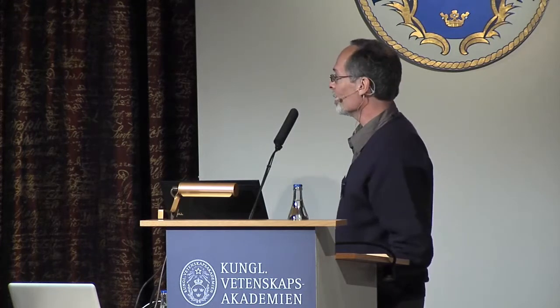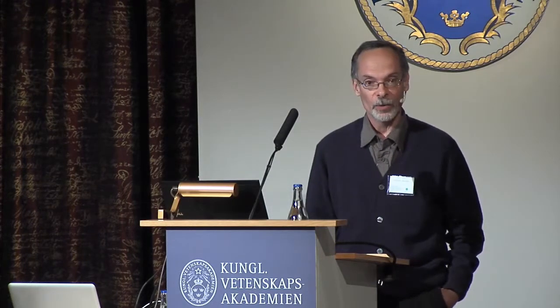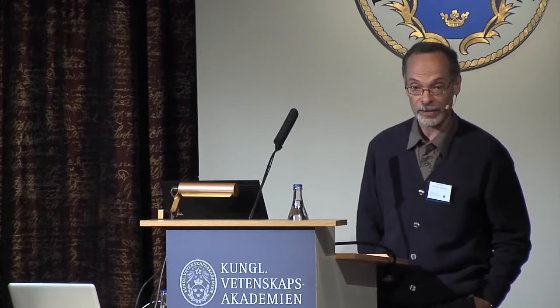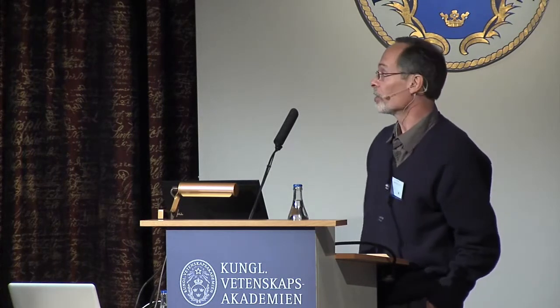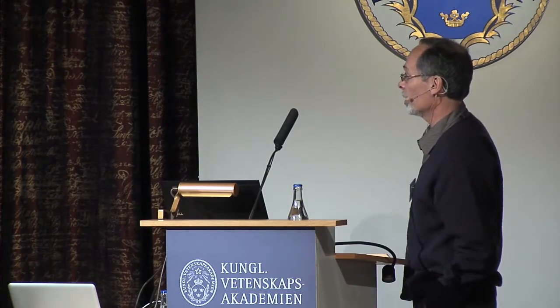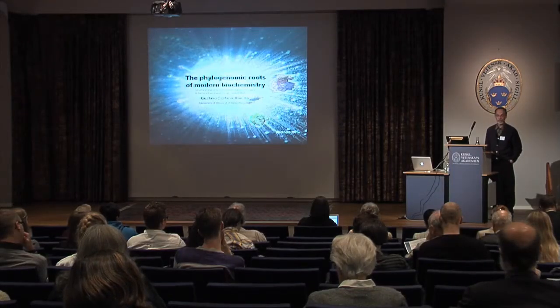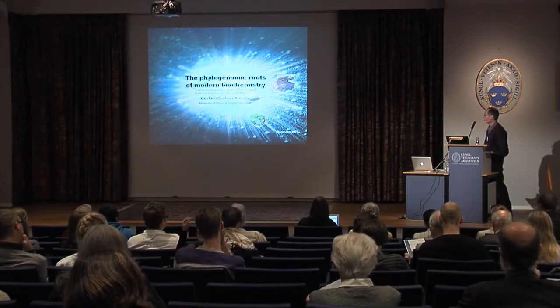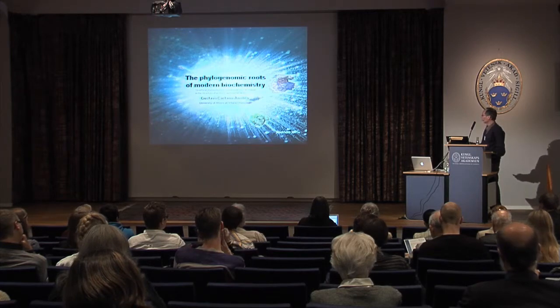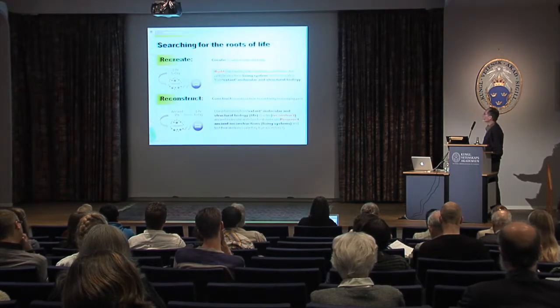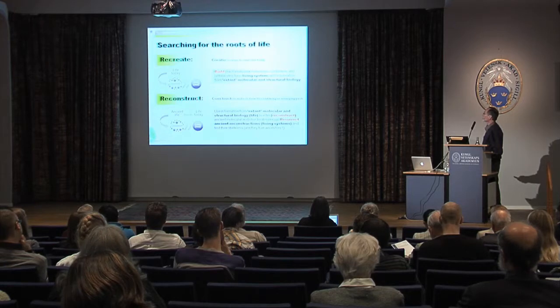I'll talk today about a work in evolutionary bioinformatics in our lab. We are interested in understanding how structure plays a role in the evolutionary process. Basically, if we are to look at the roots of life, there are two main approaches.